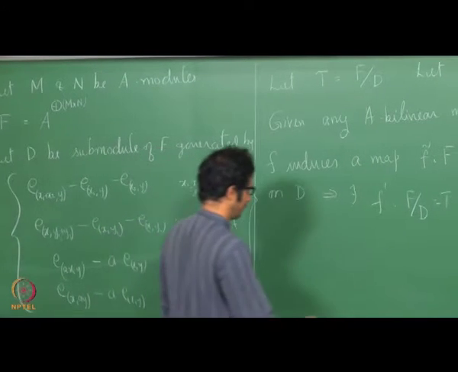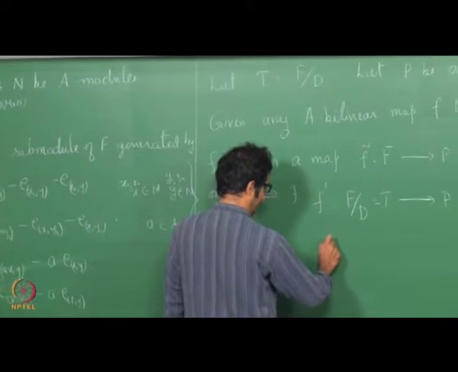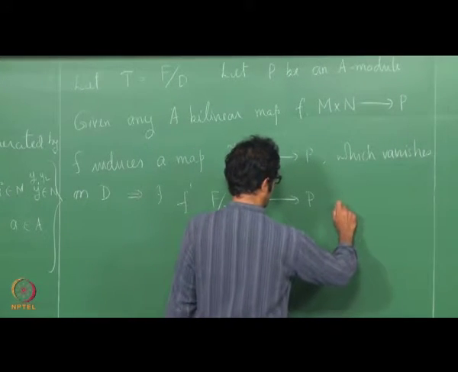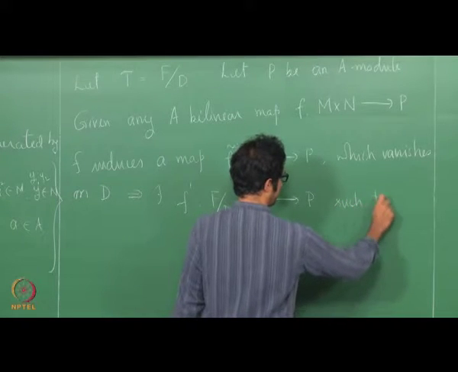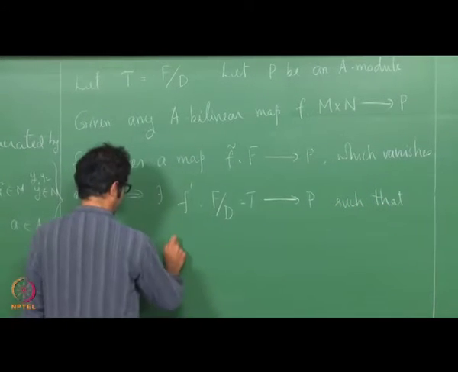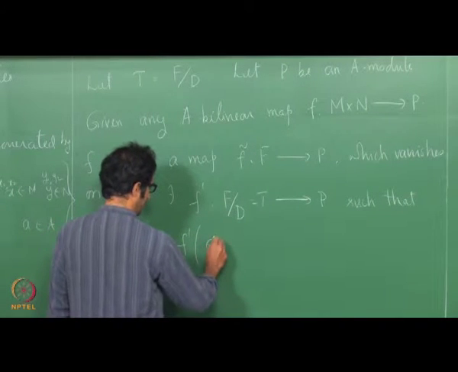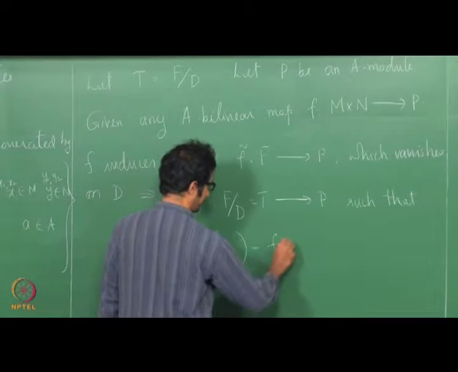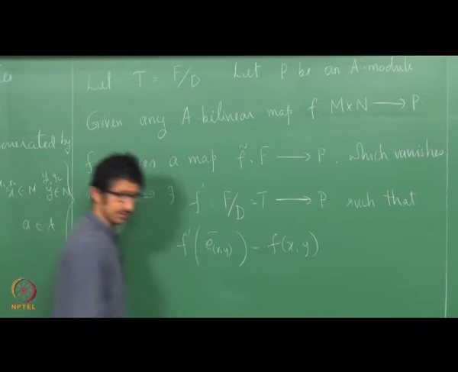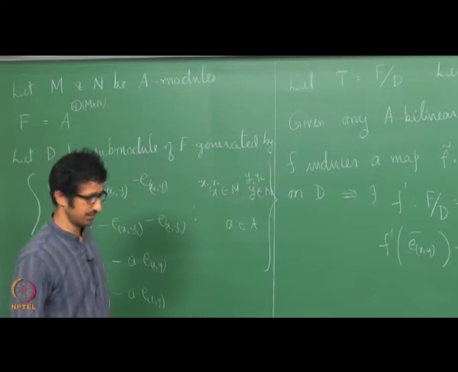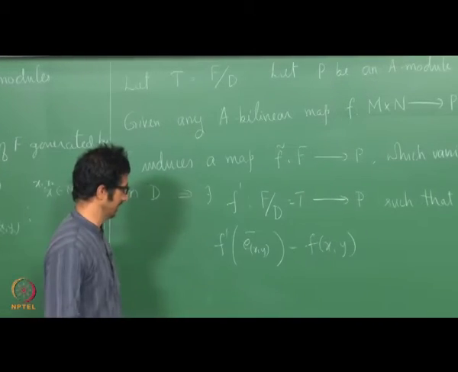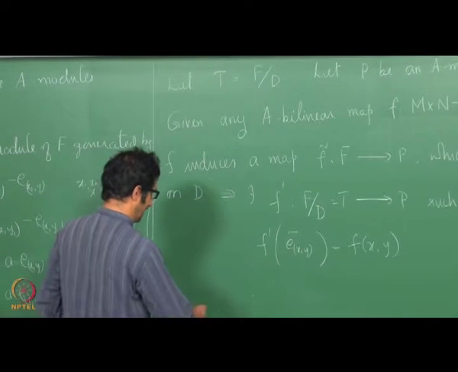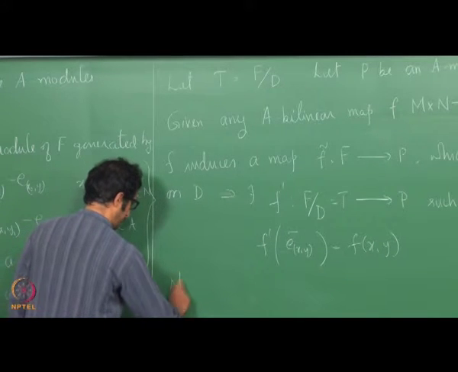or in other words, what we have now is that, given such an f, f prime of the image of each e(x, y) is equal to f of (x, y). So, let us set this notation.